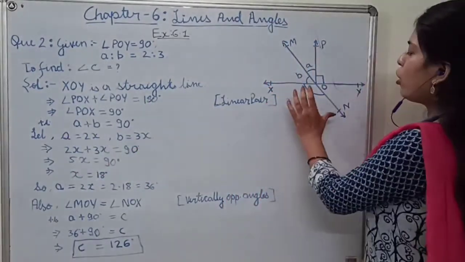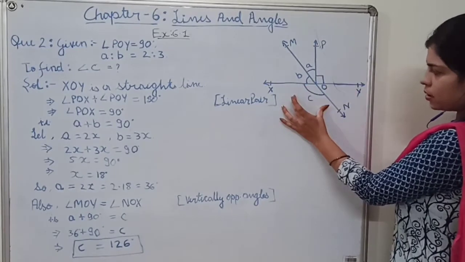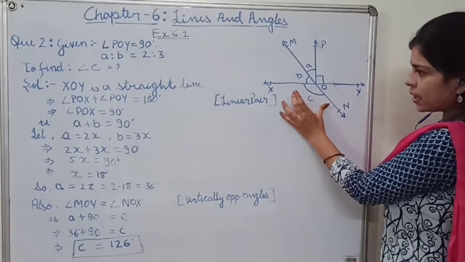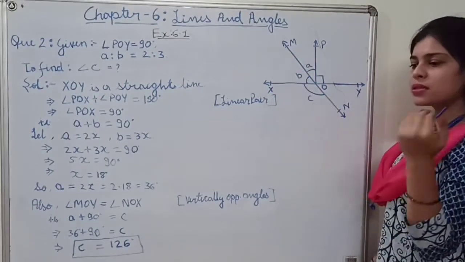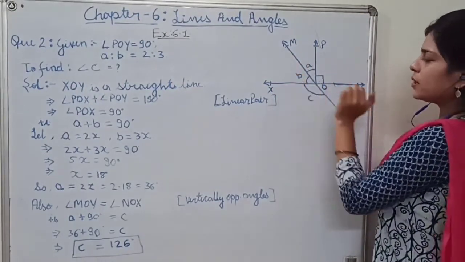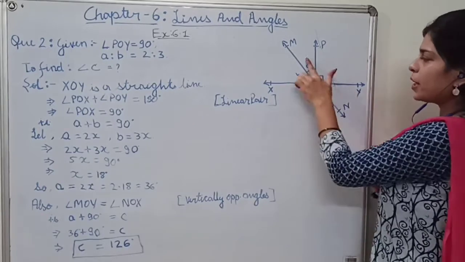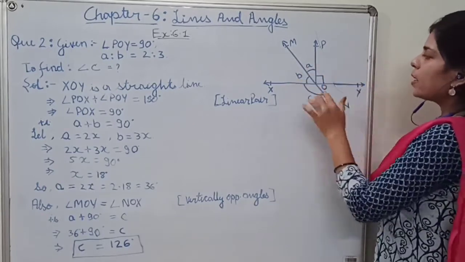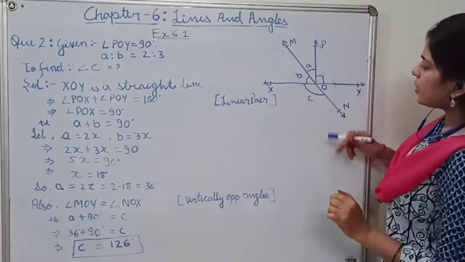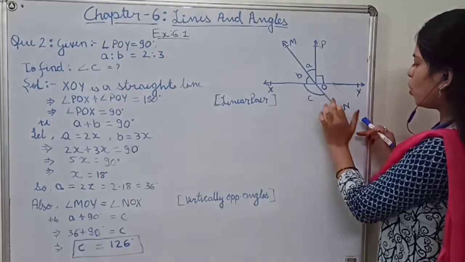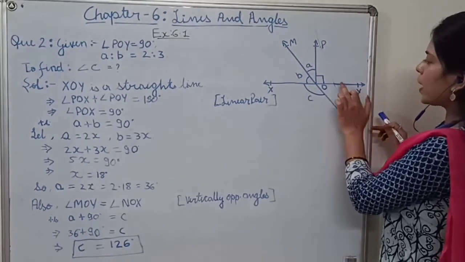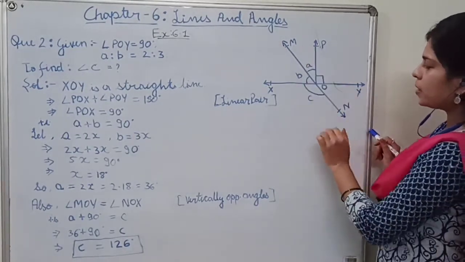In order to find angle C, we must find only one angle, either A or B. Why? Because if we find angle A, then C, which is XON, equals YOM, since they are vertically opposite angles.